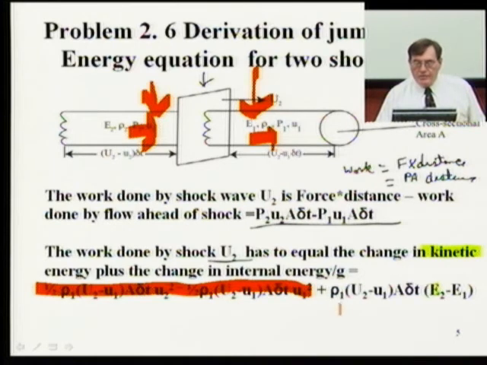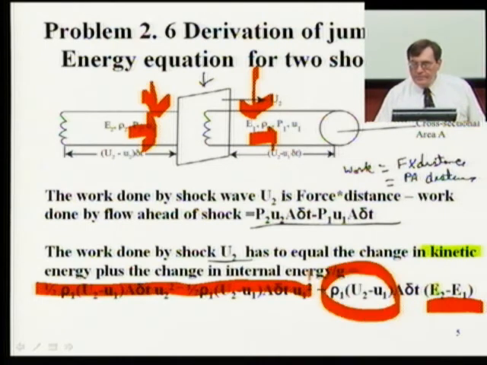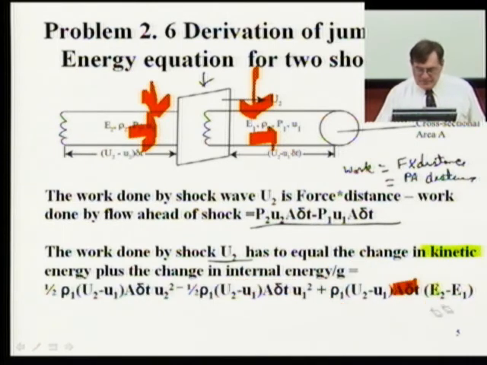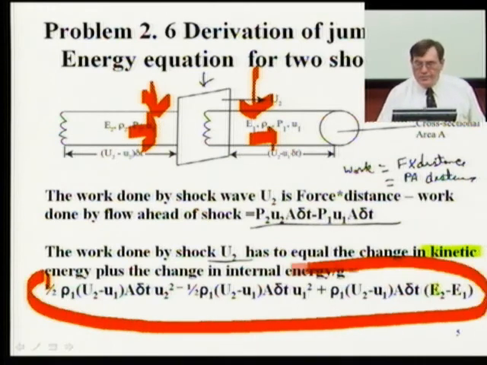And then the internal energy is just defined as the energy per mass. In terms of this equation, the mass is here. So energy per mass, and the A delta T's cancel out. So this term here is the kinetic energy and internal energy.